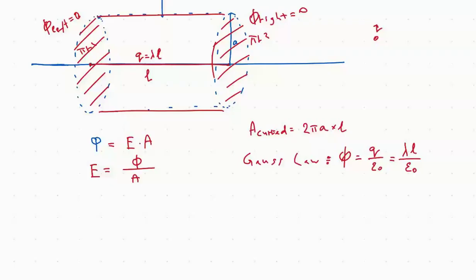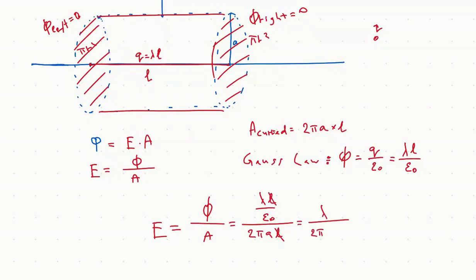So electric field is the flux divided by A, which is lambda L divided by epsilon naught, divided by the area 2 pi a L. L cancels, and this is going to be lambda over 2 pi a epsilon naught.